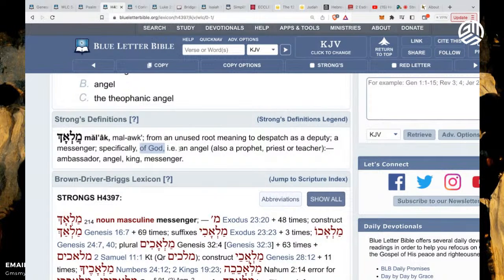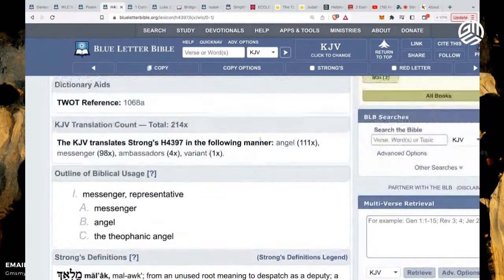Which, in a dispatch or a deputy of the Most High, would be an angel. So a lot of times you can see here it's translated into the word angel, and other times into the word messenger, because you have heavenly messengers and you have physical messengers on the earth, right?